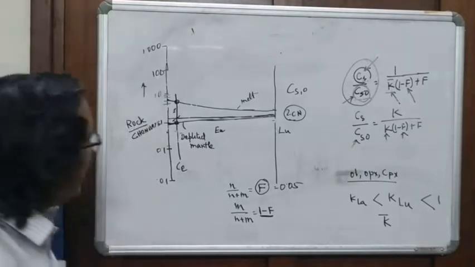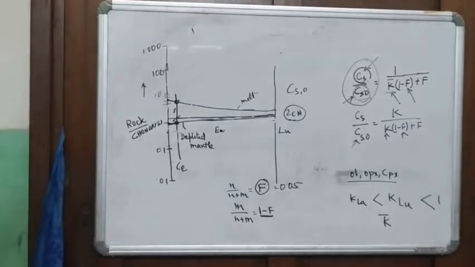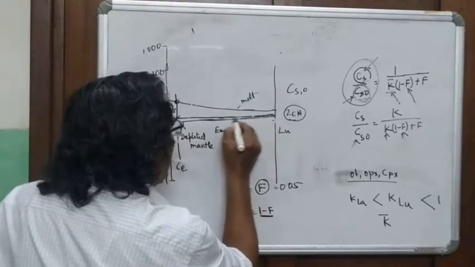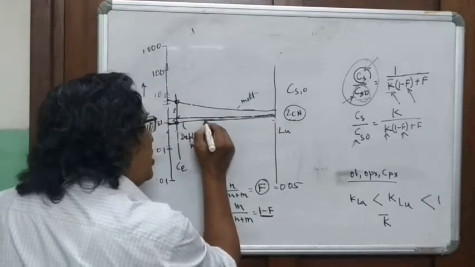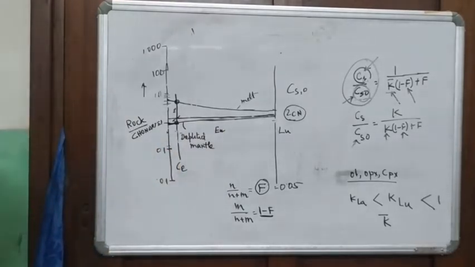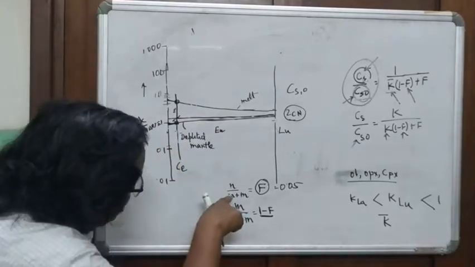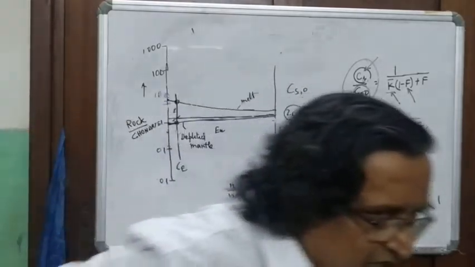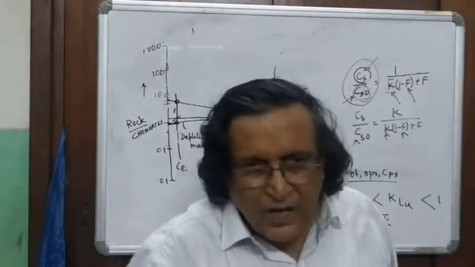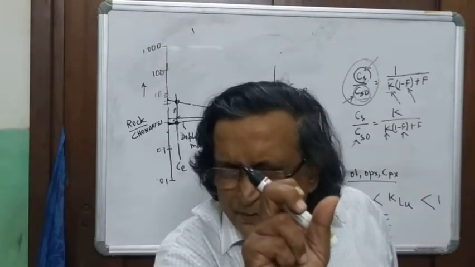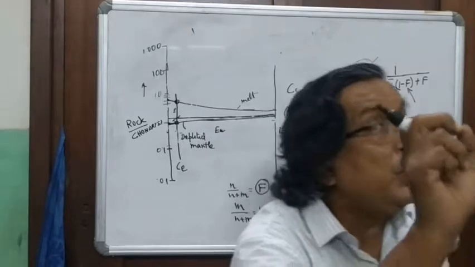So that is why at low degrees of melting, the solid residue will have a composition which is quite close to the original melt. Have you understood? Because of this restriction, the melt-extracted mantle will not change significantly in composition if you have low degrees of melting.